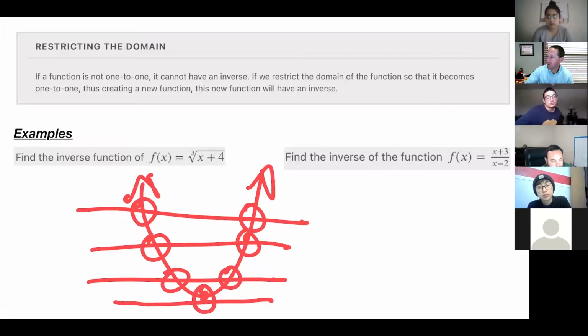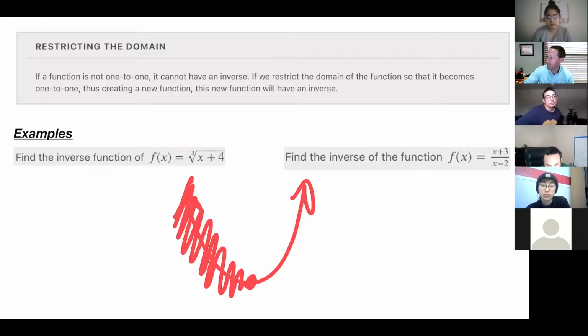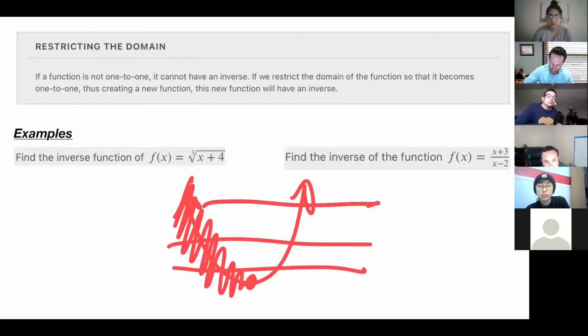So how can we make a parabola, for example, be a function when we do the inverse and reverse it? We take half of it. Because now will it pass? Yes, yes, yes.